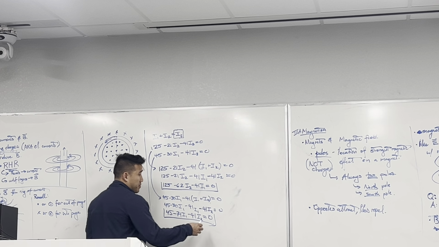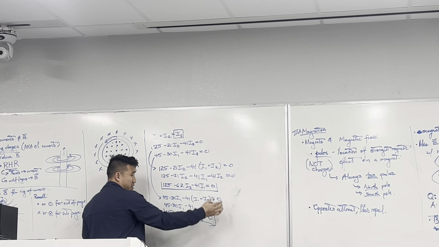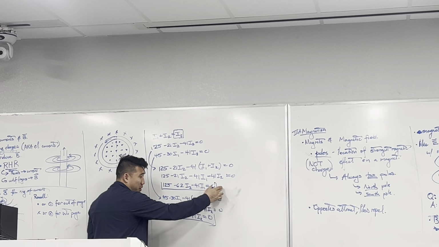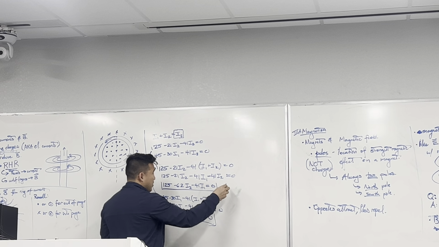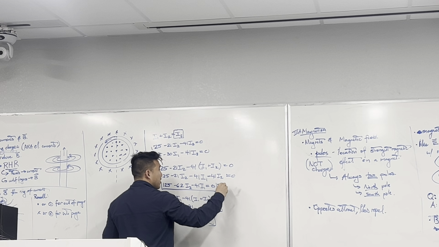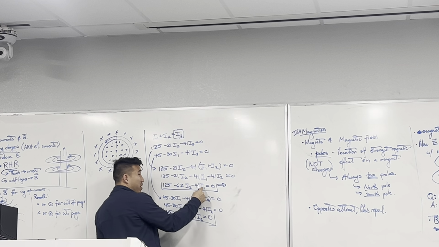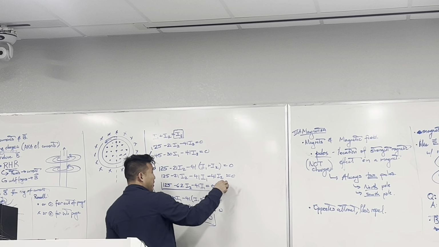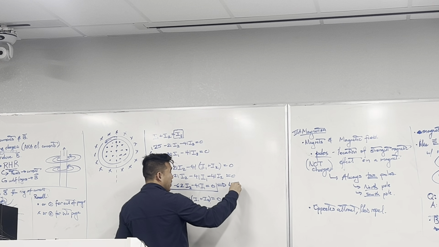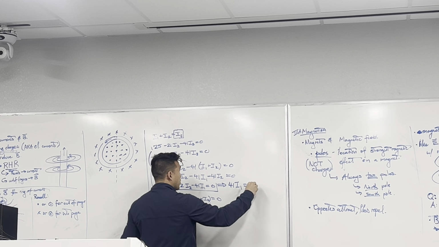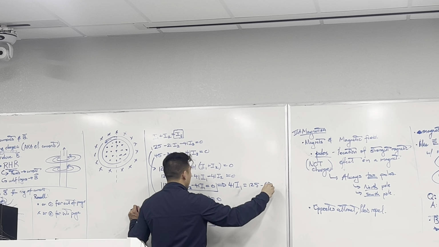From here, I could solve for I1 on either one of these equations and then plug it into the other. Let's do this one. I want I1 is equal to blank, so we begin by isolating. We're going to get 41 I1 is equal to 125 minus 62 I2.